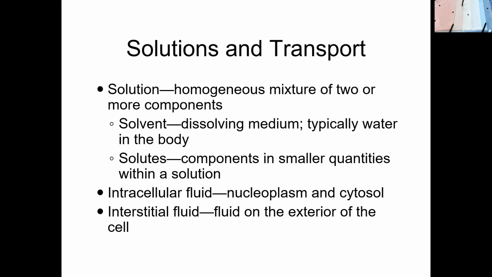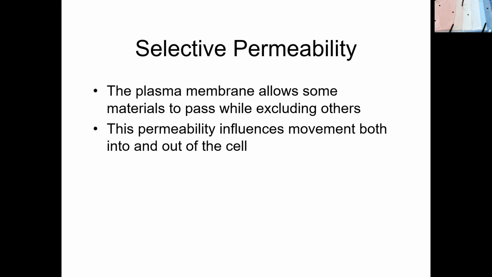So anyway, cell membranes have a problem in getting stuff into and out of the cell. Cell membranes are selectively permeable. They don't let everything through. Cell membranes are made of fat. So water and oil don't mix.